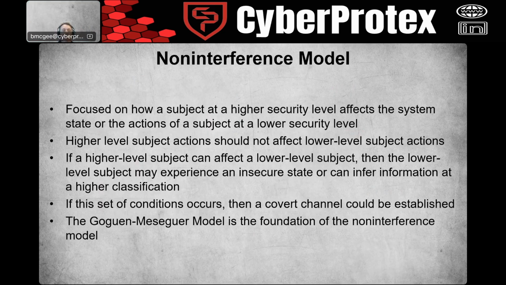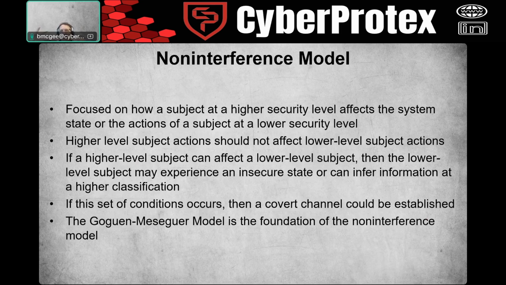All right, so now we talk about this one, which is the non-interference model. With multi-level security processes or principles, you can express them in a number of different ways. One of them is non-interference.